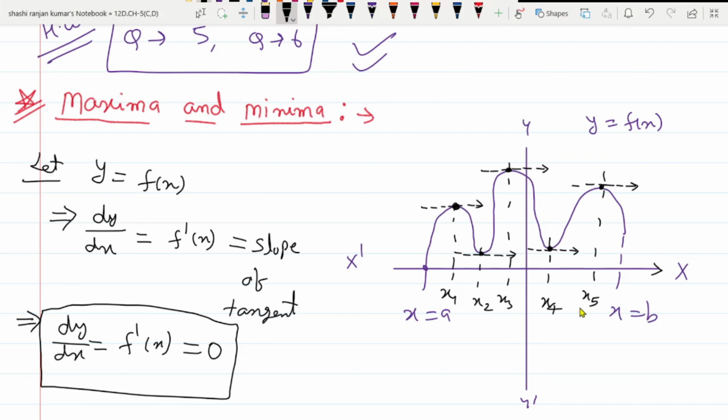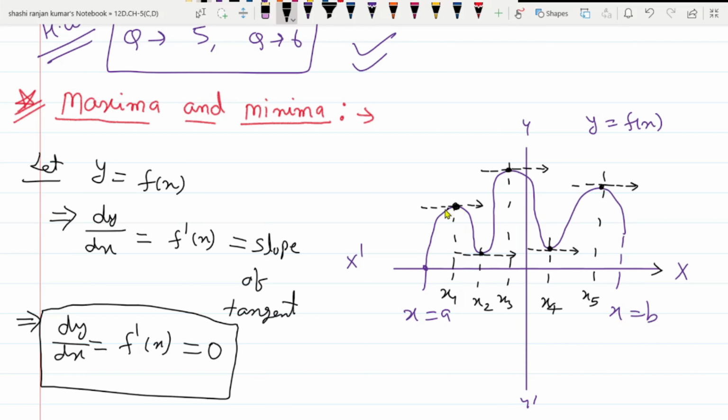Now see here, in this point there is one speciality. What is the speciality? If we are talking about this point, this point is the highest in its neighborhood. If we move back or forward, the other points will be below this.